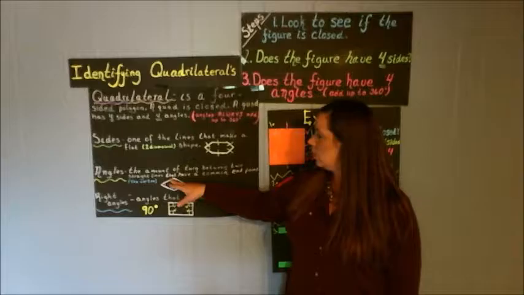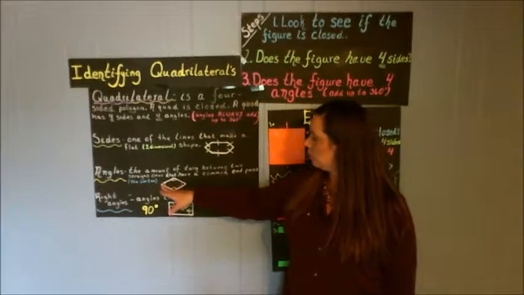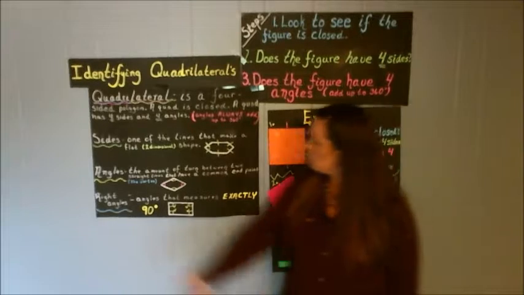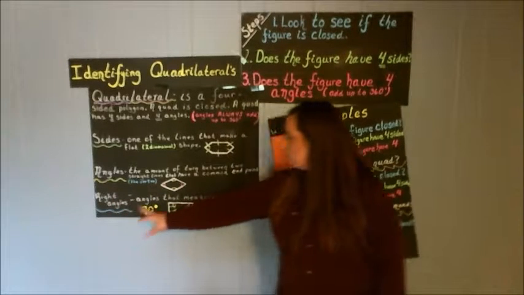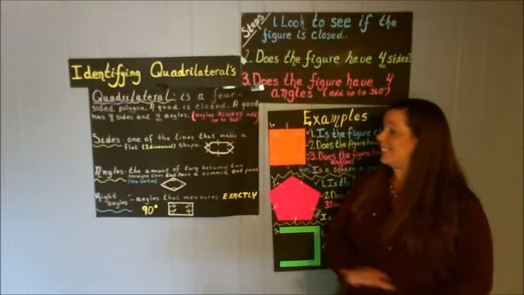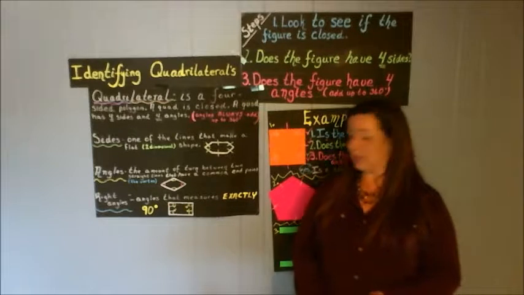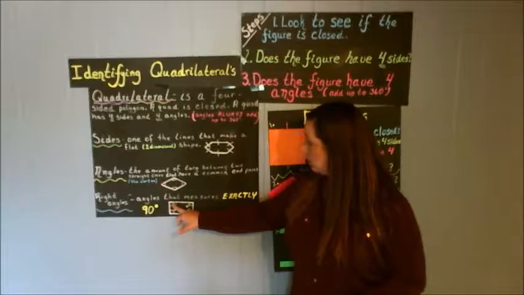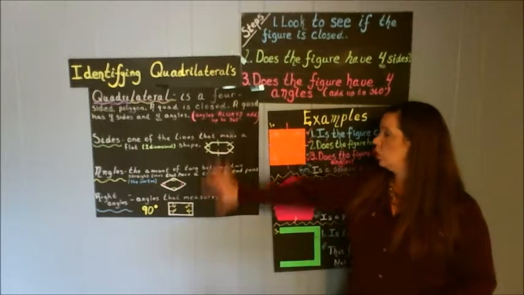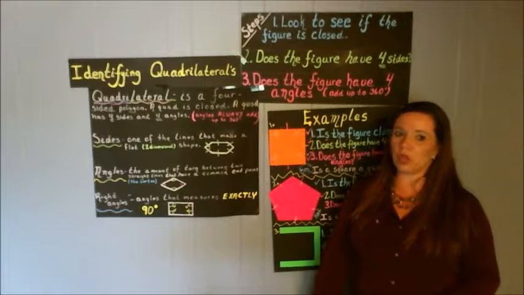The angle is right here, right here, right here, and right here. Those are angles. Now we have right angles. A right angle is an angle that measures exactly 90 degrees, okay? Right here we have 90 degrees, 90 degrees, 90 degrees, 90 degrees. So you should already have these terms in your notebook.